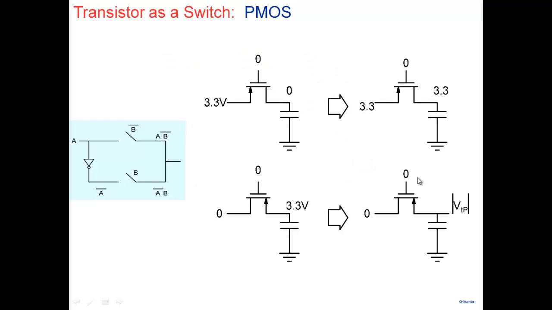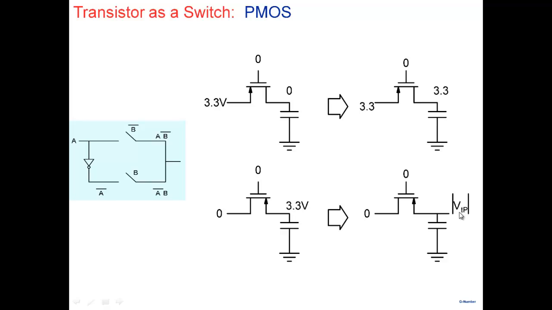As I said, PMOS has the same problem in the opposite sense. PMOS passes a high properly. So if you have a node which is charged to 0, you apply 3.3, the node will get charged to 3.3. No problem. On the other hand, if I have a node which is 3.3 and you want to pass a 0 to it through that switch, then again it doesn't pass.